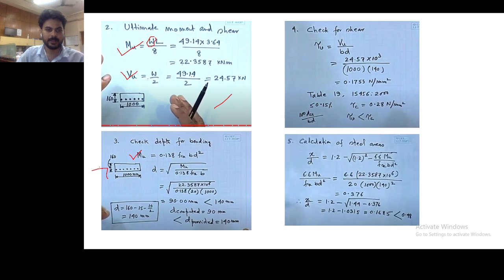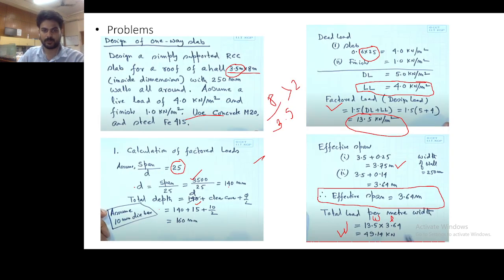By putting that, we got d around 90 mm, which is less than 140. So it's good. For resisting the moment, only 90 is required, but we are providing 140, so our design is safe, right? D provided is 140 and d calculated is only 90, so it's good, right? Any problem in understanding this? 140 is coming from where? 140 is coming from here.